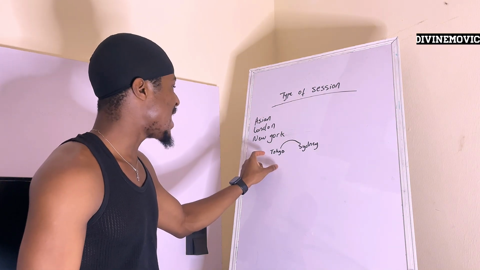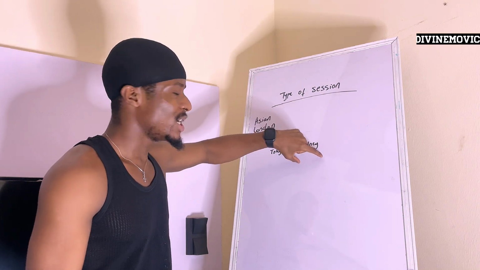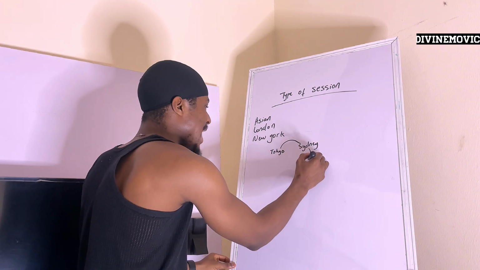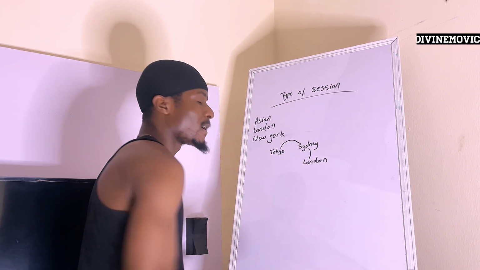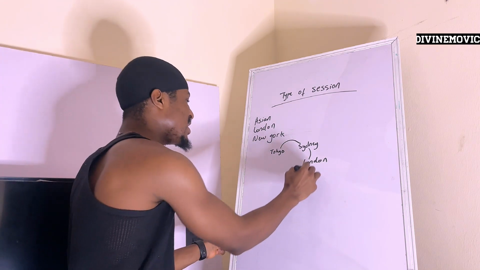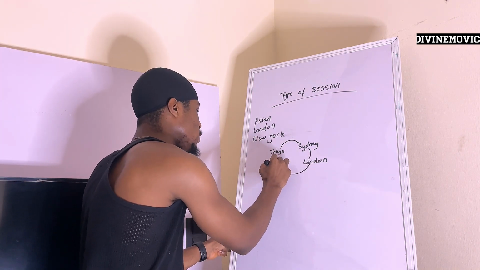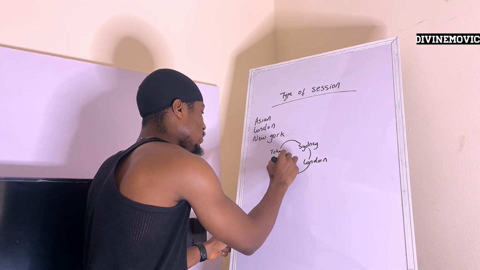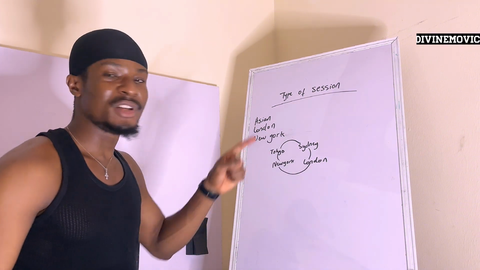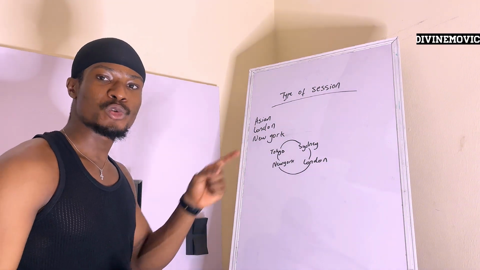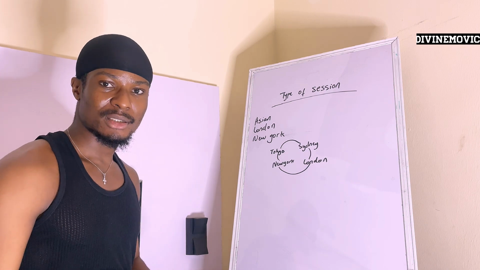The Tokyo opens and then gives birth to what? The Sydney session. The Sydney opens and gives birth to what? The London session. Right? And London gives birth to what? New York. And the cycle continues. It's moving in a cycle. That's why the price is always open 24 hours.